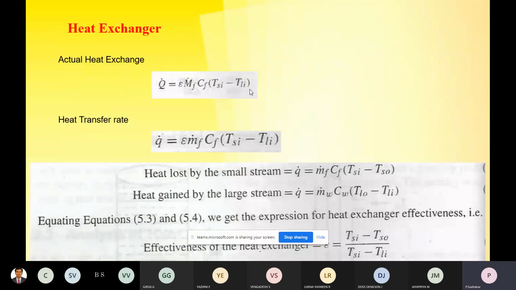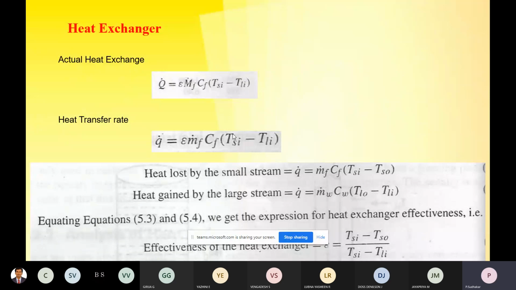So this is the heat exchange, and in order to express the heat transfer rate, this Q dot and this term is divided by area. If you divide by the area of the heat exchanger, you get small q dot equals epsilon times m dot f times cf times (TSI minus TLI). Small q dot equals capital Q dot divided by A, the area of the collector.